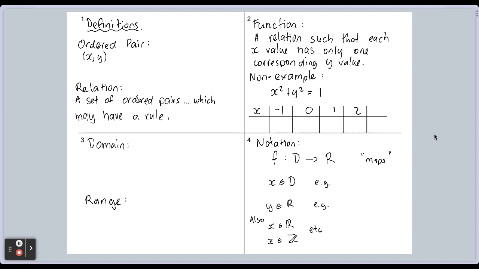If I take that coordinate and go up to the line, that makes a single point on that line, just a single point. And if I then go across from that line to the y-axis, I'll get the second coordinate of the ordered pair, the second number in the ordered pair.